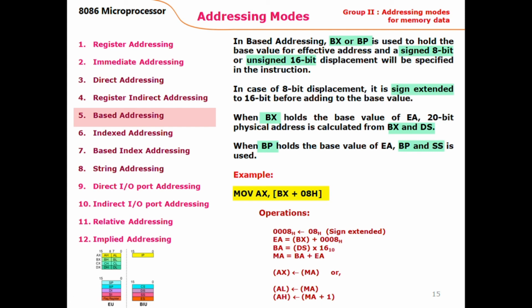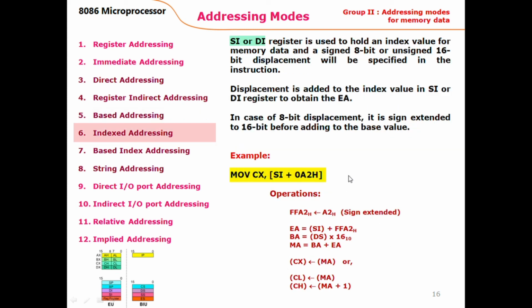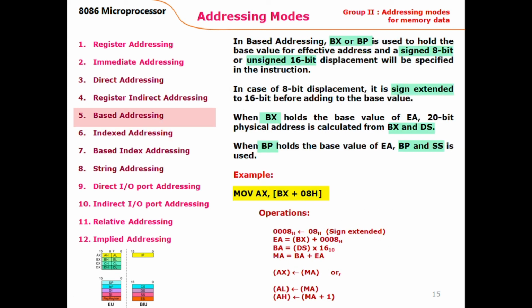To calculate the physical address, the base address is stored in the base register. The displacement is provided here, 08H. First, this displacement value is sign extended to a 16-bit value.